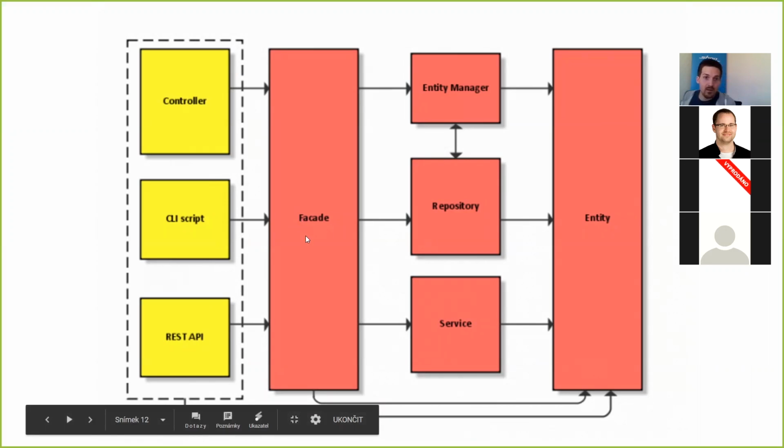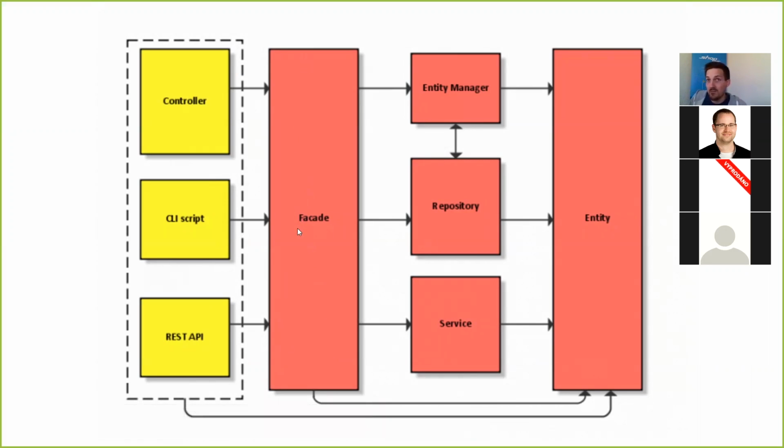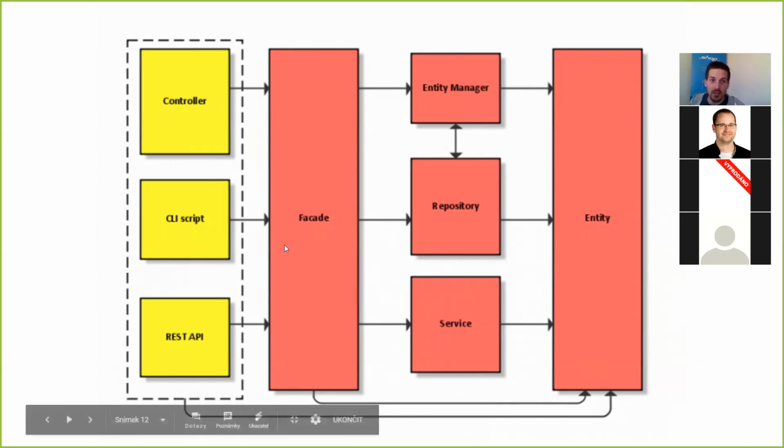Then this big rectangle here, this red one, is called facade, and the name facade is used for a certain type of classes that are used as, I would say, a gateway to enter or to communicate with the model of the application.